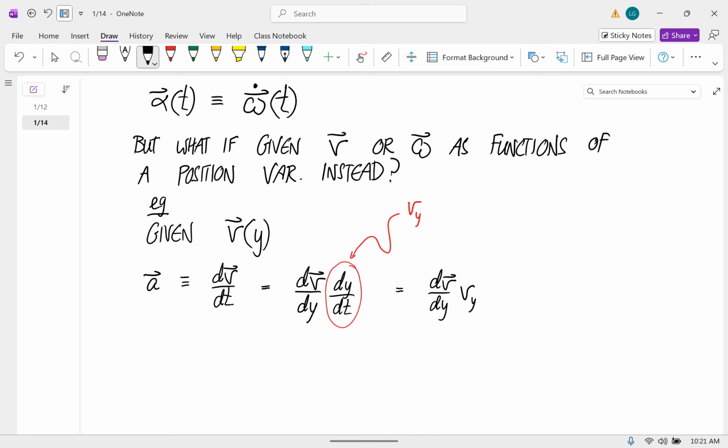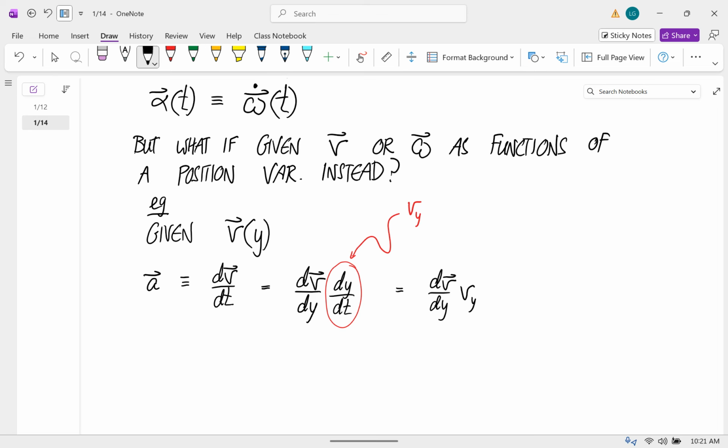I just chose y kind of arbitrarily. You can do this with x and z also. But what we have now is we've calculated the acceleration as a function of y without ever knowing what t was. But don't make the easiest mistake to make, thinking acceleration is the derivative of velocity.